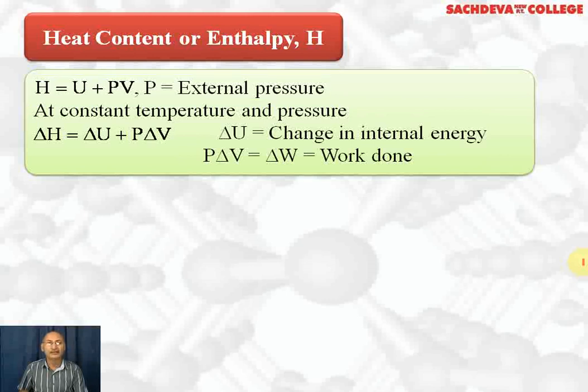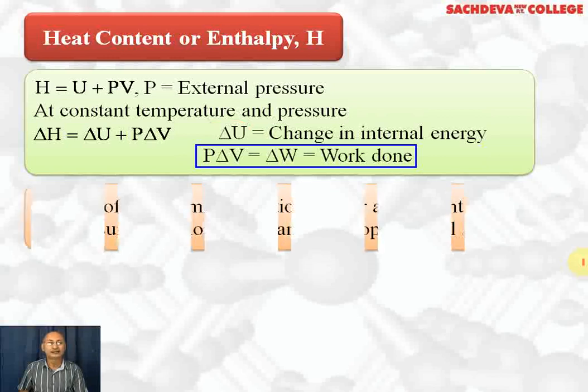At constant temperature and pressure, delta H will become equal to delta U plus P delta V. Why P delta V? Because pressure is constant and delta V represents change in volume. So delta U is change in internal energy and P delta V is W, that is, W means work done.